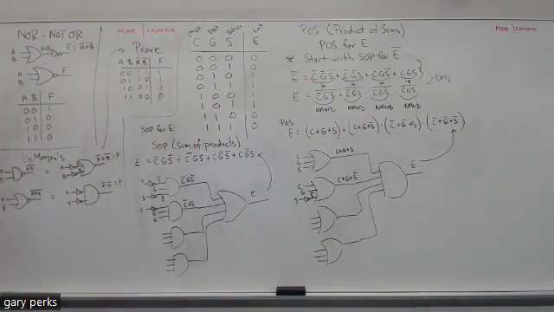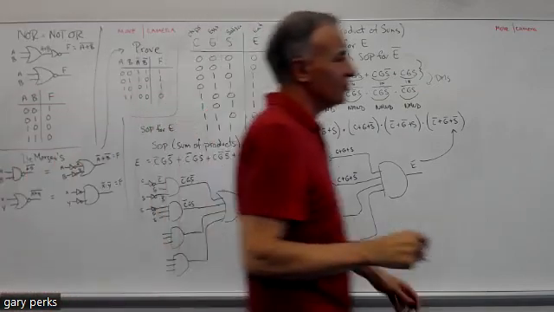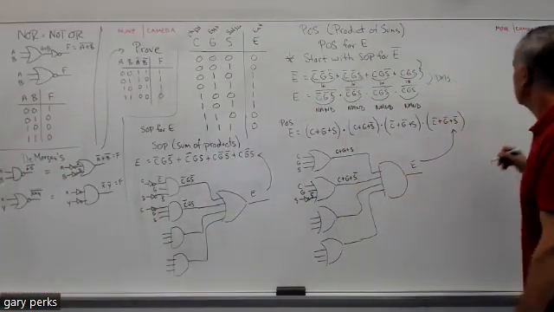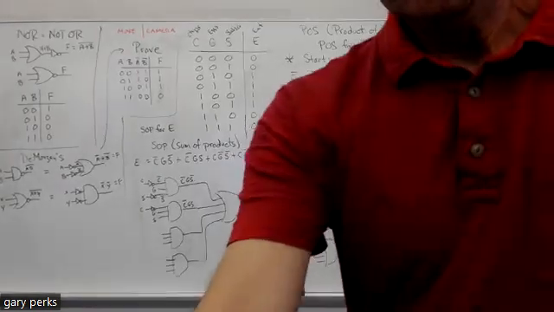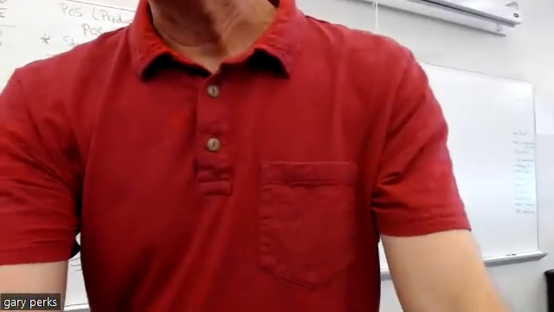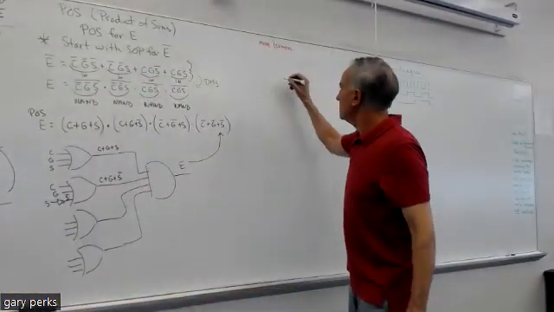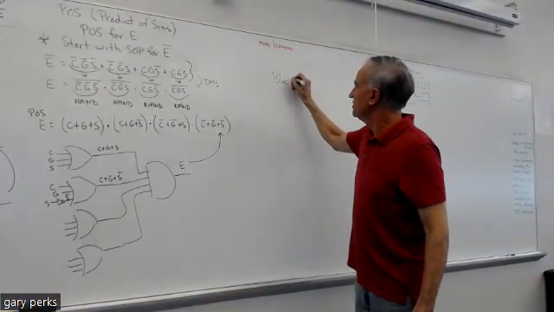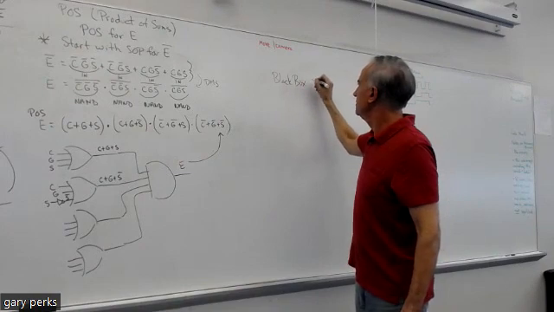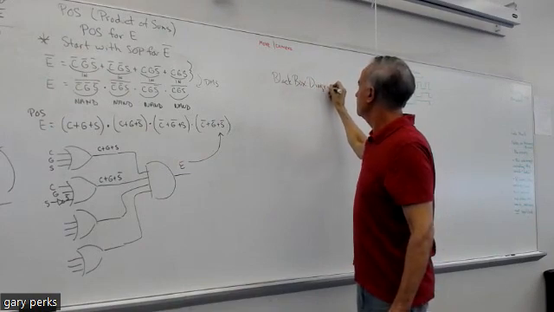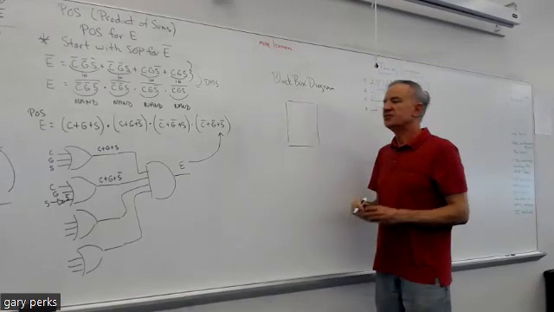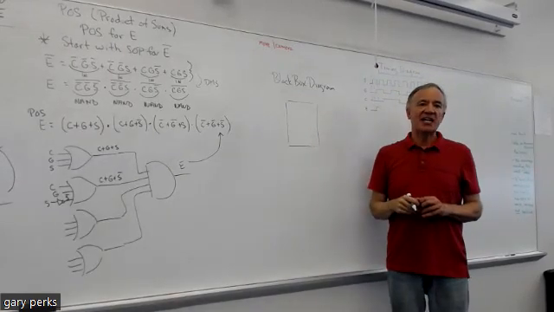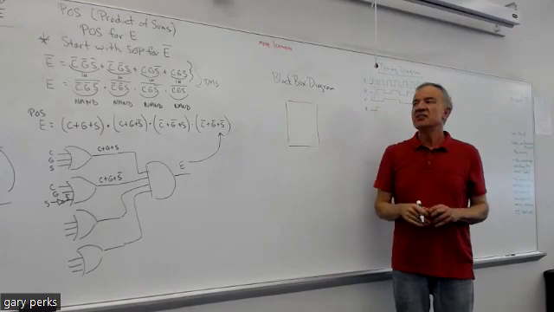One is a black box diagram. I guess I should have moved this a little bit. There we go. The black box diagram, as the name implies, is just a box. We show it as a square, and its purpose is just to show the main inputs and the main outputs of whatever you're designing.